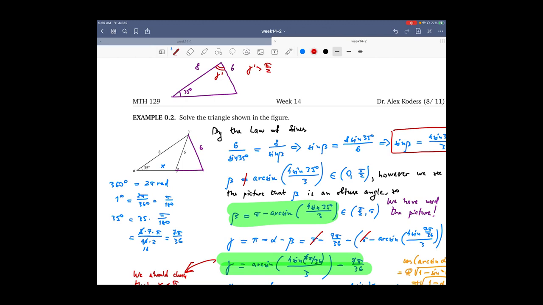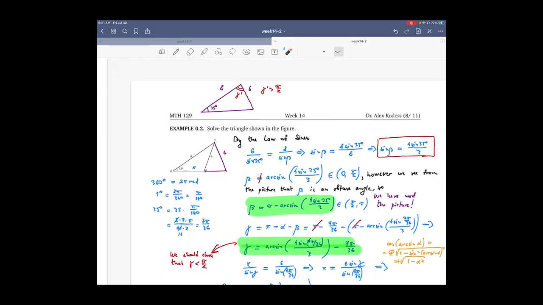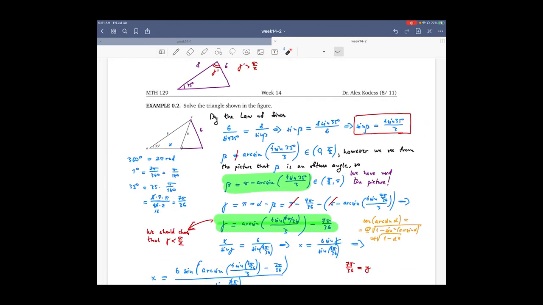And that is quite interesting. So again, use the picture because in this problem we have 2 triangles satisfying the given conditions. But if we use the given picture, then we can exclude this one. There is no ambiguity anymore.